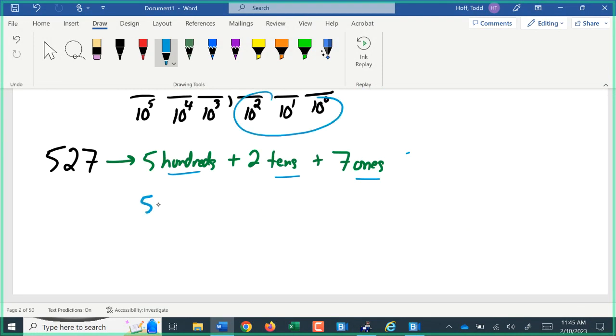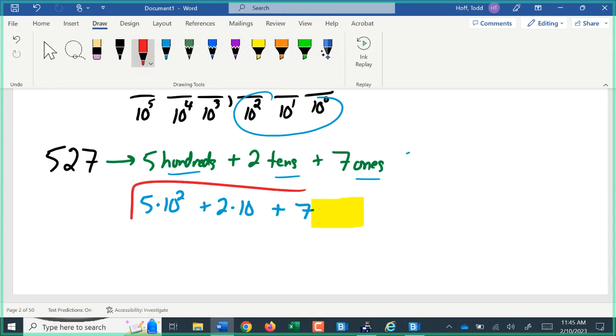Instead of 500s, we could have wrote 5 times 10 squared. Instead of 2 tens, we could write 2 times 10, we don't have to put the 1 on the 10, it's 2 tens. Plus, instead of writing out the 10 to the 0, we just usually write the 7, and the fact that there's no name here implies that that's the ones.